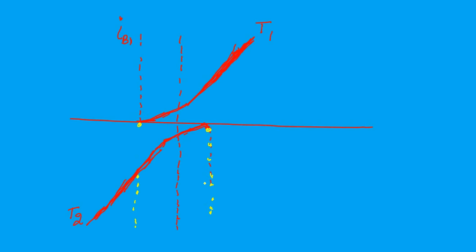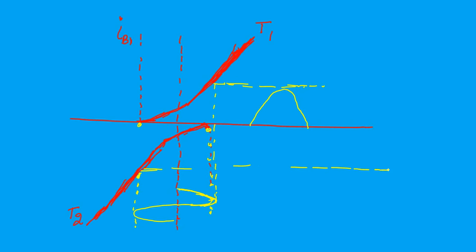So there are some base currents IB1 and IB2. So collector current is now not exactly 0 for some time. So it is good, it is an advantage.